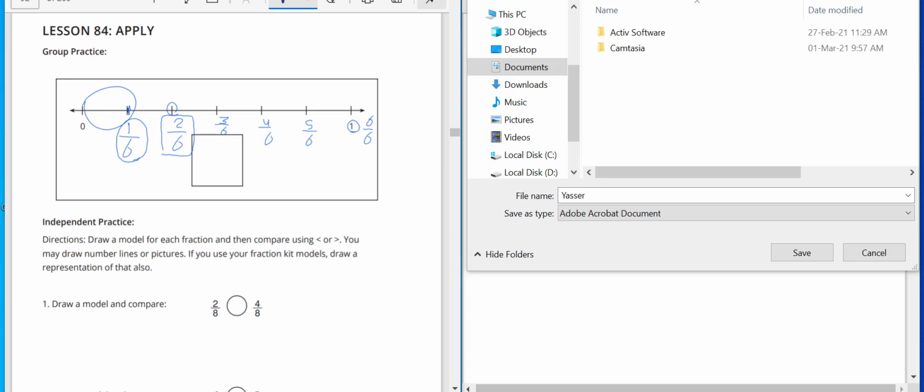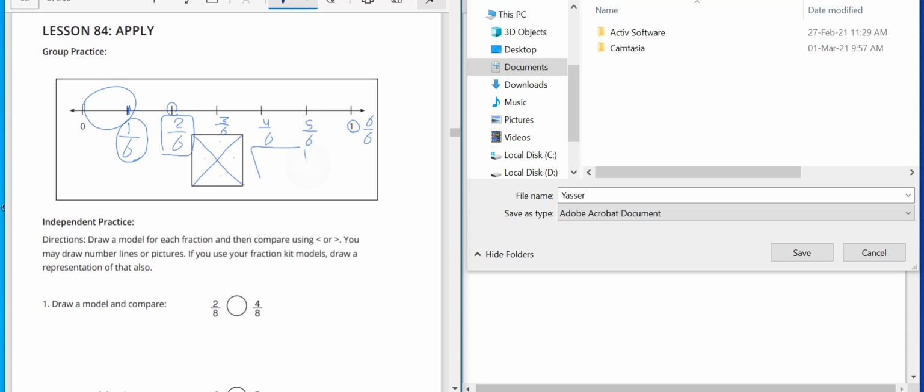Take another fraction model. There is a square. Draw lines to divide it into fourths, 4 fourths like this. First part is one fourth, 2 fourths, 3 fourths, 4 fourths.